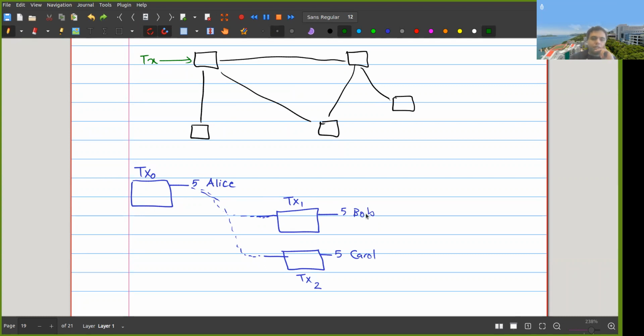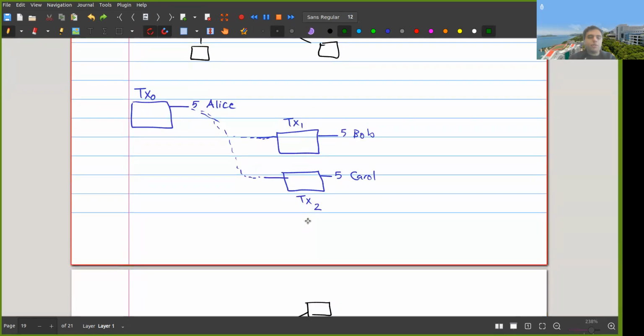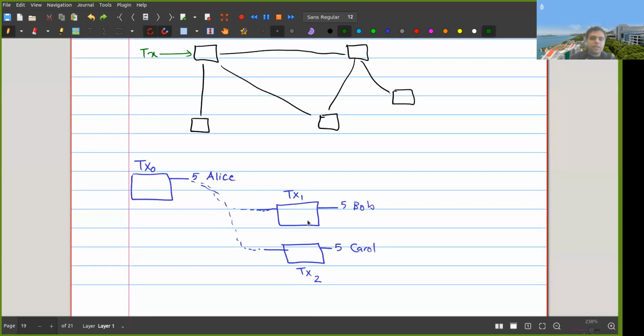And then later on, she can create another transaction, but set the timestamp to be sooner than this one and pay it to Carol. So the problem is that even if we have timestamps in our transactions, which we do, we cannot be sure that the timestamps are not forged. We cannot be sure that the timestamps are giving us the right order.